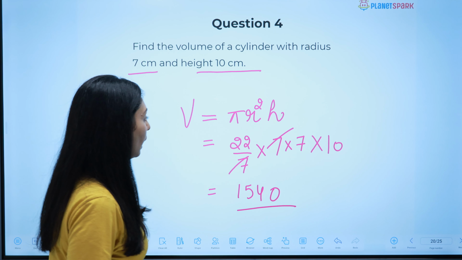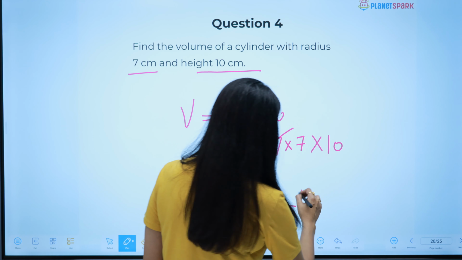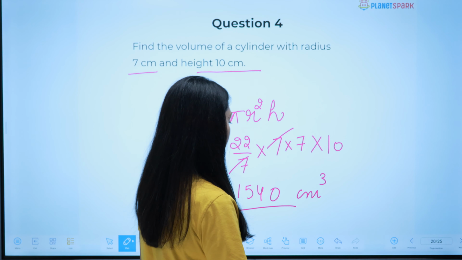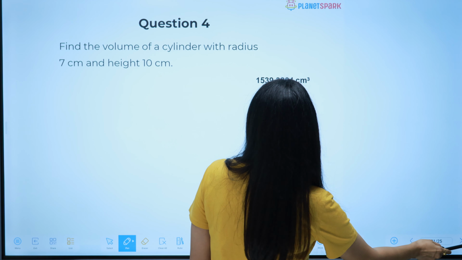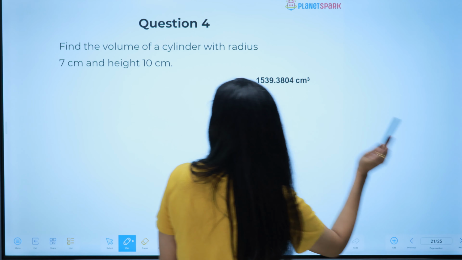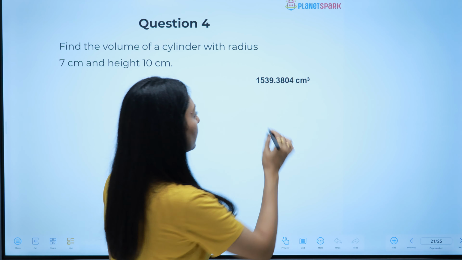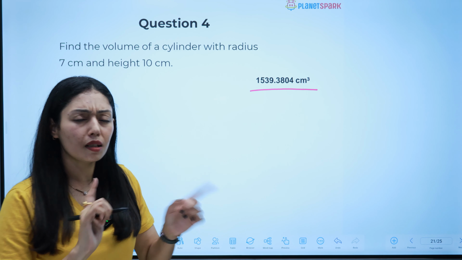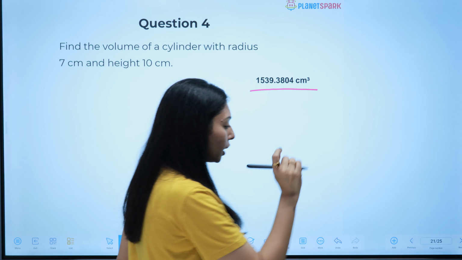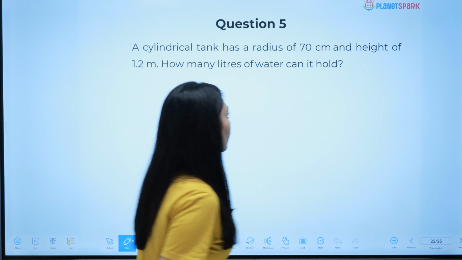Right, so we have got our answer, that much centimeter cube. Okay, easy peasy. If you put the value of pi as 3.14, then this will be your answer. Okay, approximately same answer आएंगे हमारे पास depending on what value of pi you are using there.